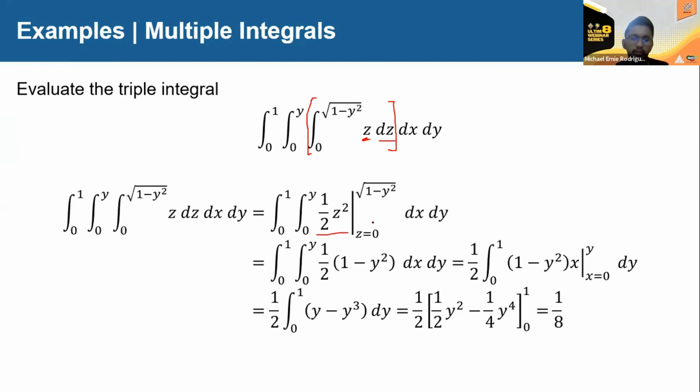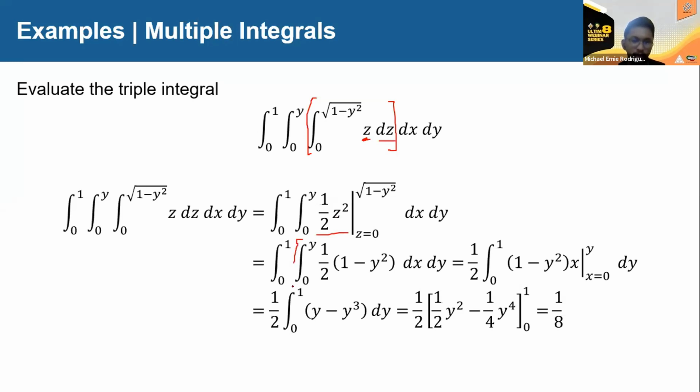Okay, 1/2 z squared. And then applying the limits, so we have 1/2 times y, 1 minus y squared. Okay, then dx dy na siya. So wala na rin yung lower limit since 0 squared siya, no? So that is 0.